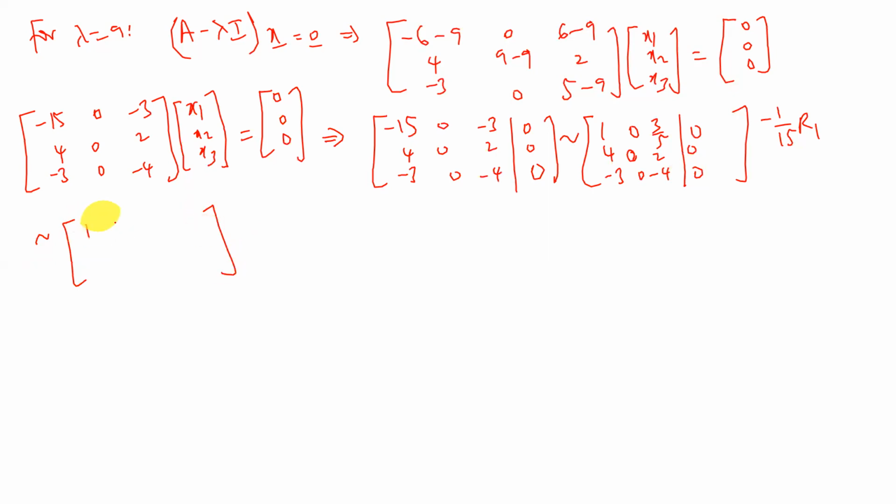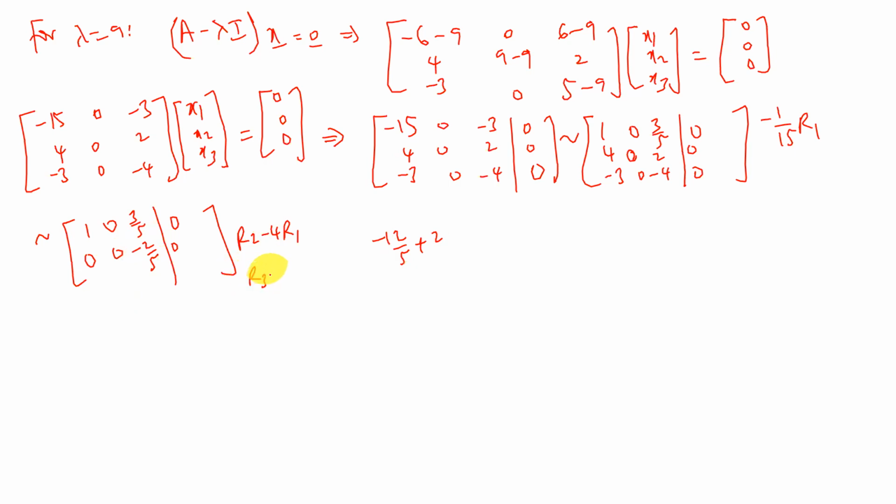So you have 1, 0, 3 out of 5, 0. Row 2 minus 4 row 1, 0, 0. Minus 4 row 1 is going to be -12 out of 5 plus 2, which is -2 out of 5, 0.